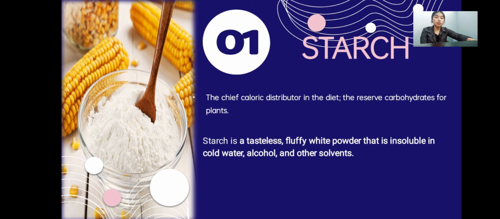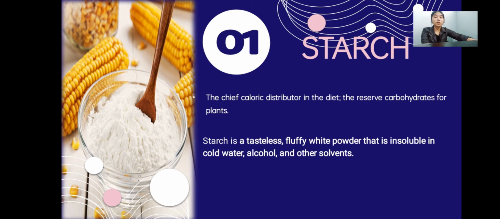So starch is the chief caloric distributor in the diet, the reserved carbohydrate, and the energy storage for plants. Also, we can see starch everywhere as it can be added in our recipes. Starch is a tasteless, floppy, white powder that is insoluble in cold water, alcohol, and other solvents.